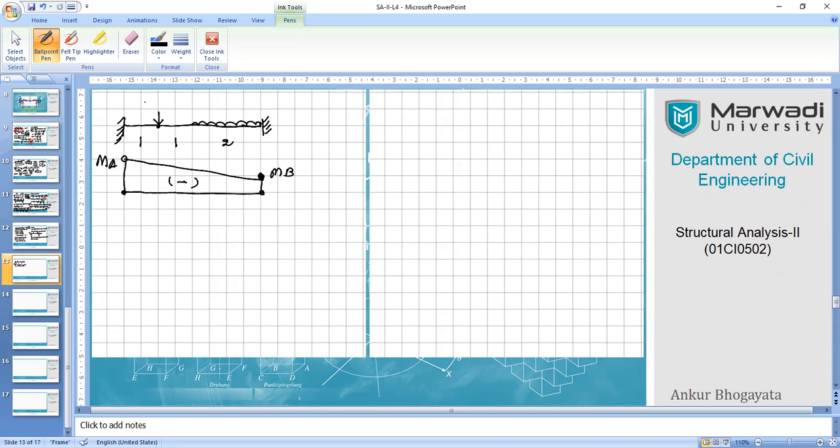Otherwise, what you can do, you can find moment at C and then moment at D by the rule of thumb of mechanics of solids, right? So if you take moment, because you have all the forces. So for example, let me not keep it pending, let me finish it for all.